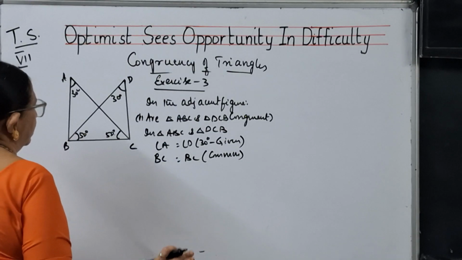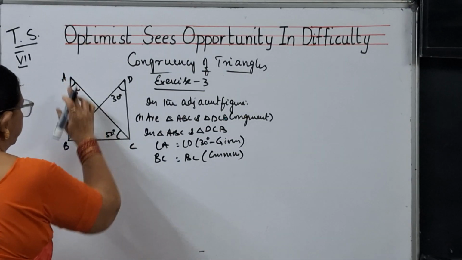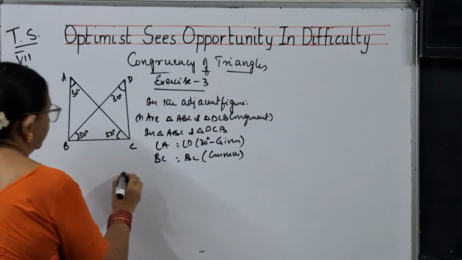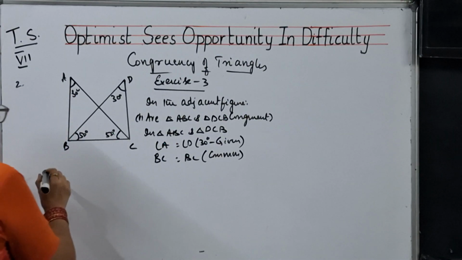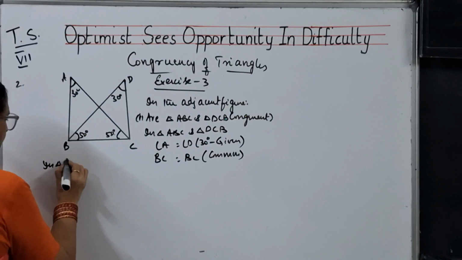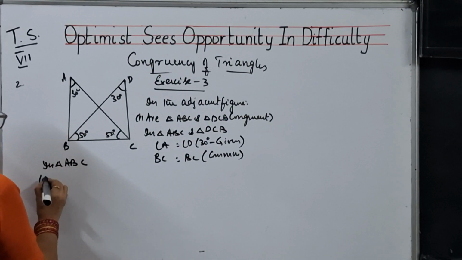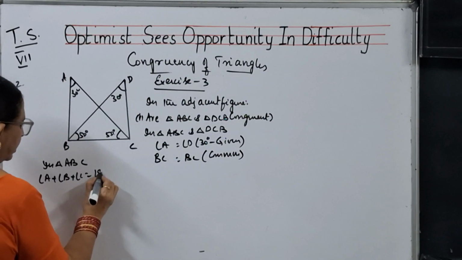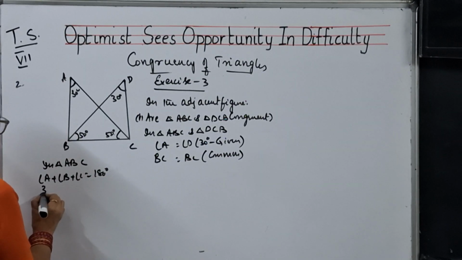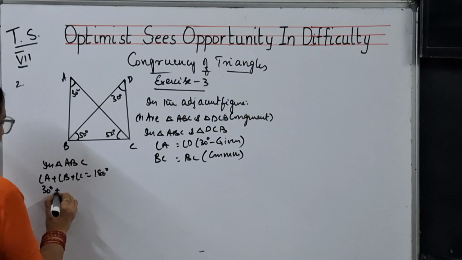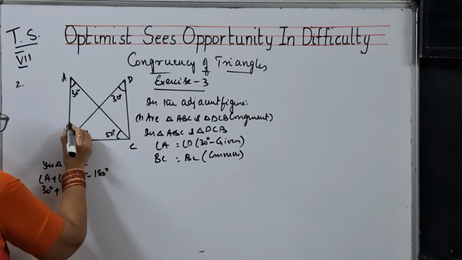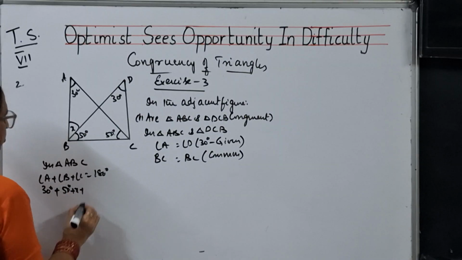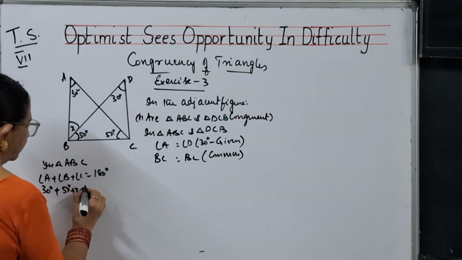So here children, let me write that here. In triangle ABC, angle A plus angle B plus angle C is 180 degrees. So angle A is 30 degrees plus angle B, let us consider this as some value x, 50 degrees plus x, plus angle C, that is 50 degrees.